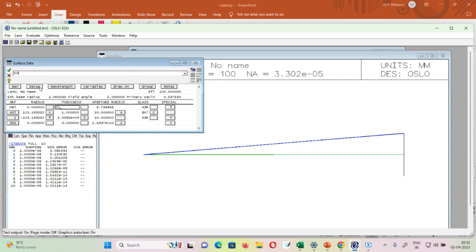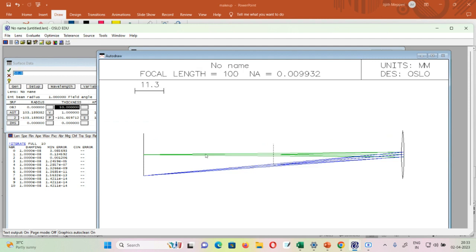So you can actually anticipate the image position. There should not be any real image. The image should be virtual, on the same side of the lens, and having a higher magnification. So yes, I see. This is my object size, and this is the image size.